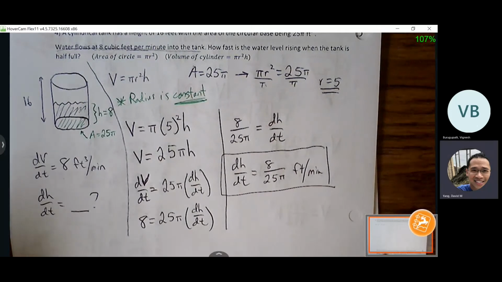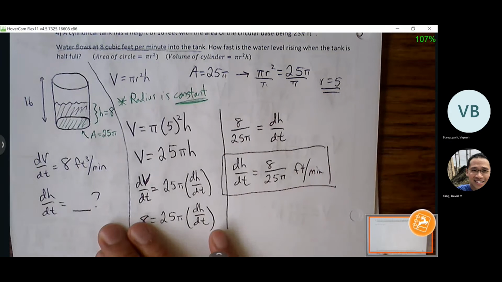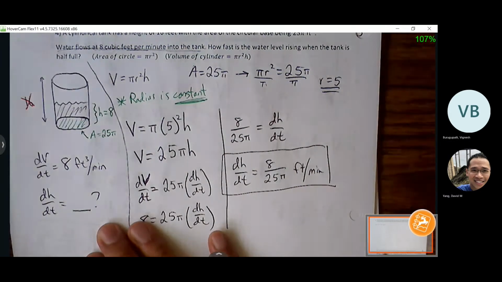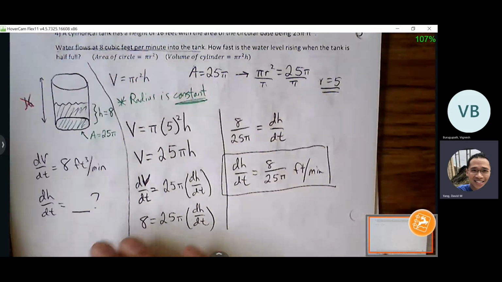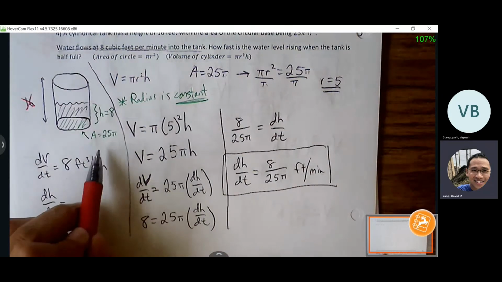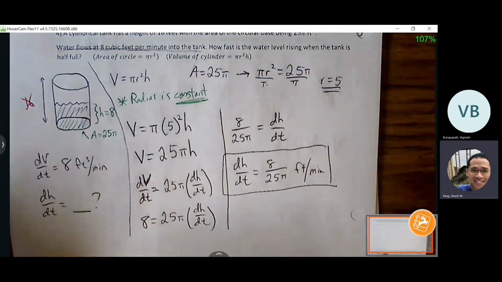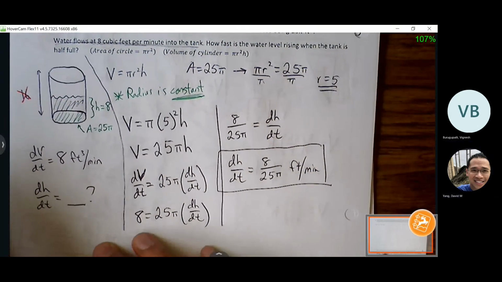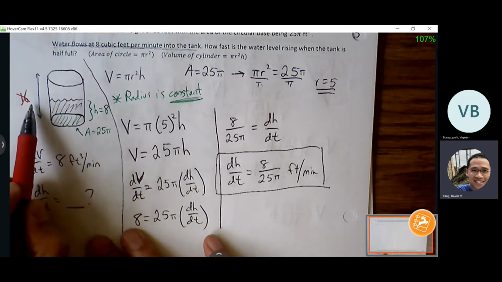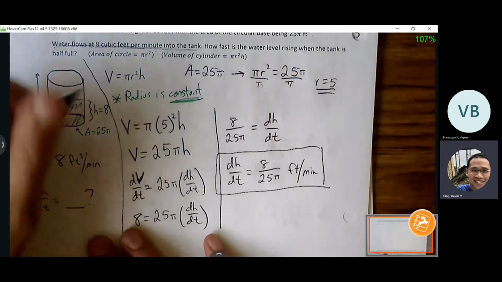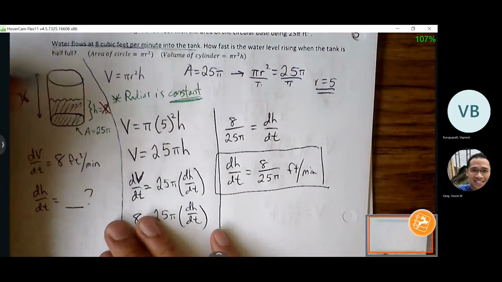Okay, easier problem, right? But careful. Is there extraneous information here that we did not need? What else did we not need? Well, we needed that for the radius. There's something else that did not come into play: the height of the water level and the height of the container. Neither is used.